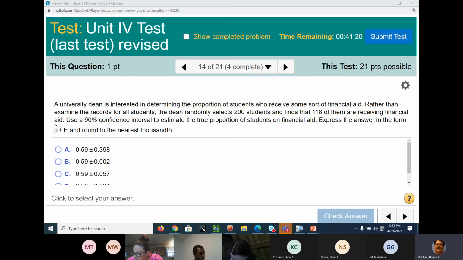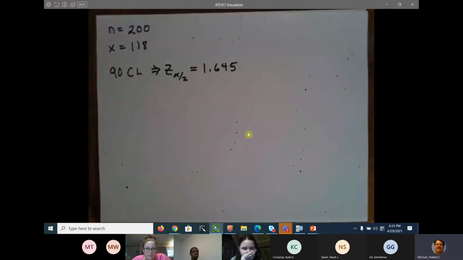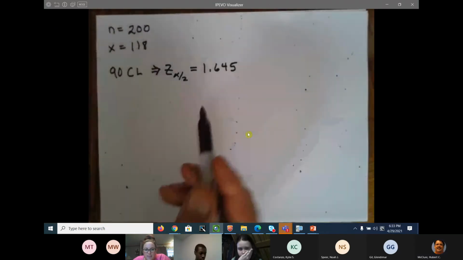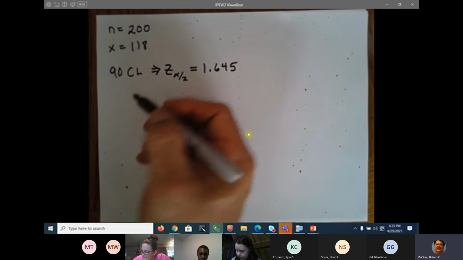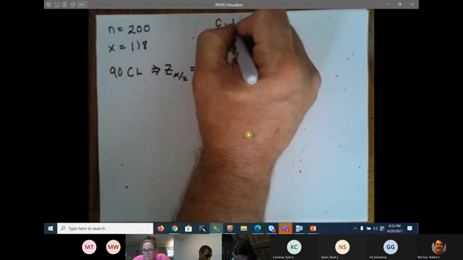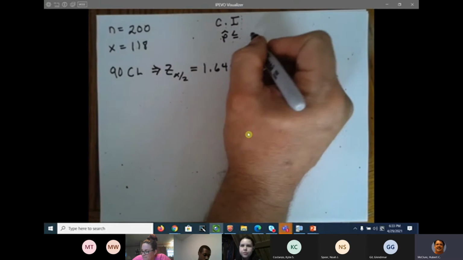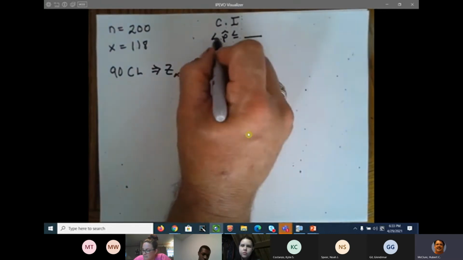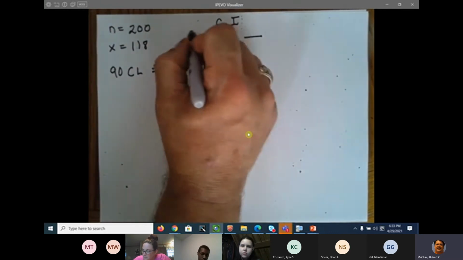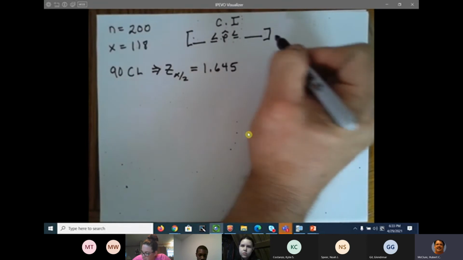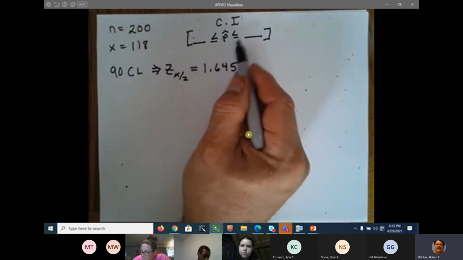Let me go to this now. Are y'all through writing? Yeah, you're good. Okay, this is all you need. The way we write a confidence interval is like this: P hat less than or equal to some number, greater than or equal to some number, in brackets. Does everybody understand that? That's a confidence interval.